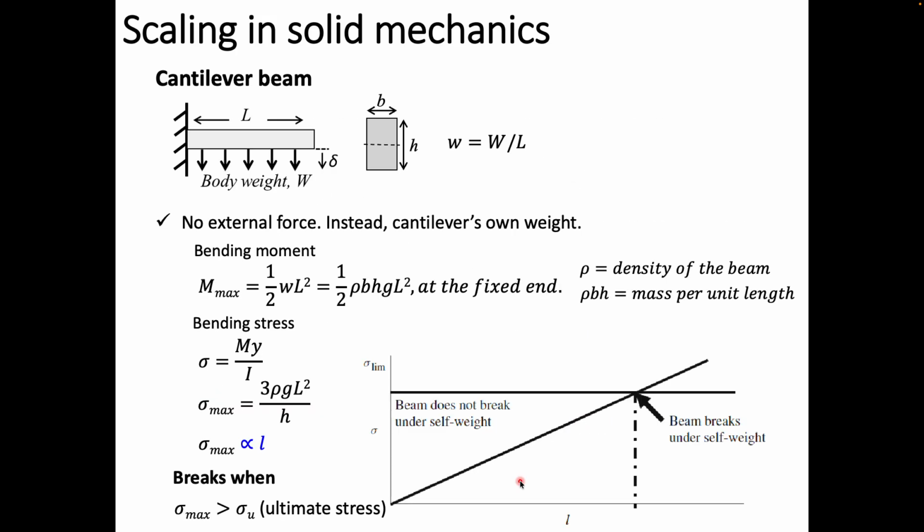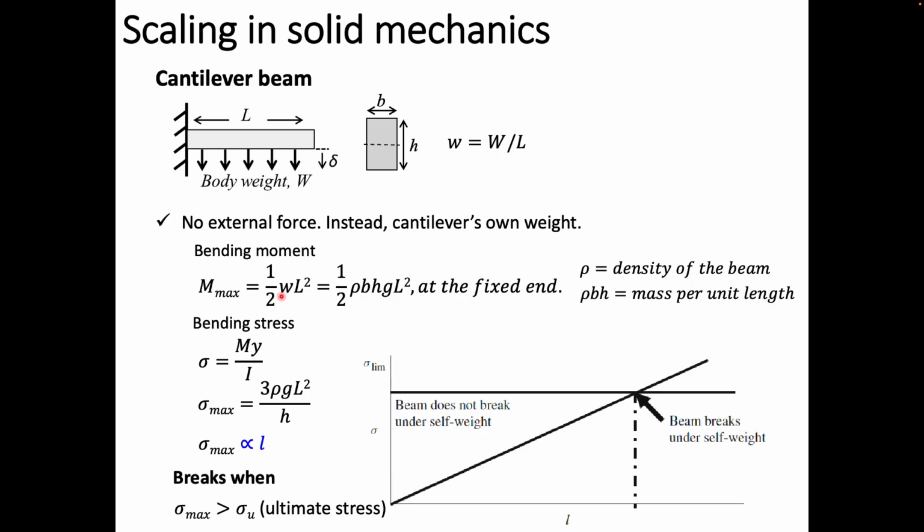Then we are going to continue on this, with a cantilever beam under its own body weight. In this case, we are going to consider bending moment. For this bending moment, we can obtain the maximum bending moment, which is essentially 1/2 WL squared. If you look at it, the body weight W, and do you remember this small w? Small w is the weight per unit length.